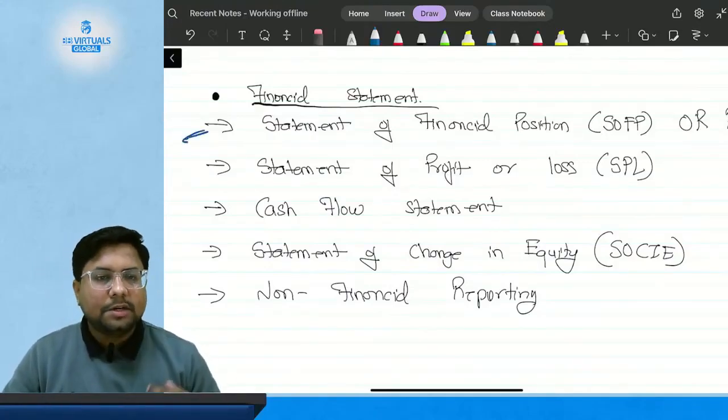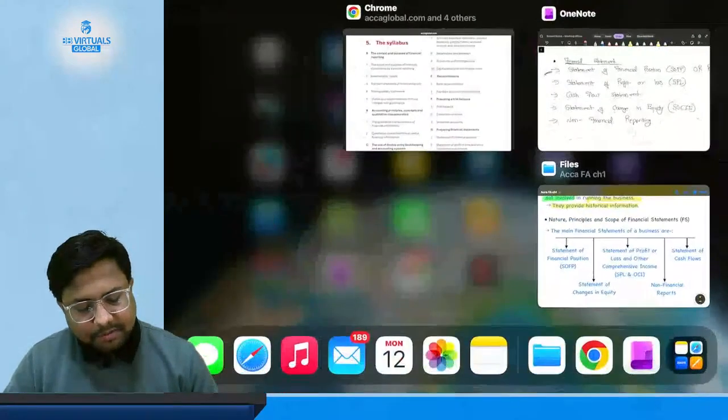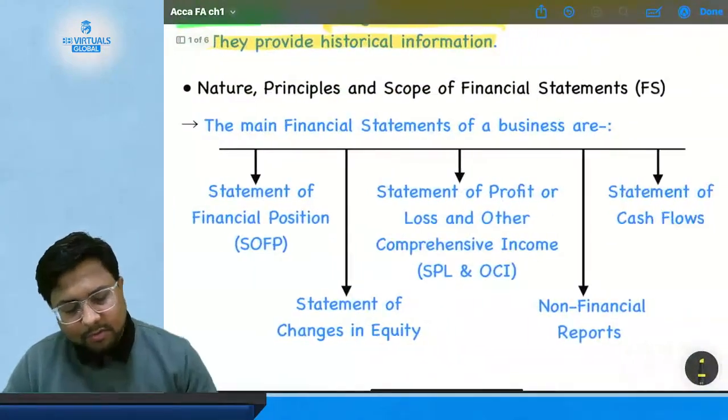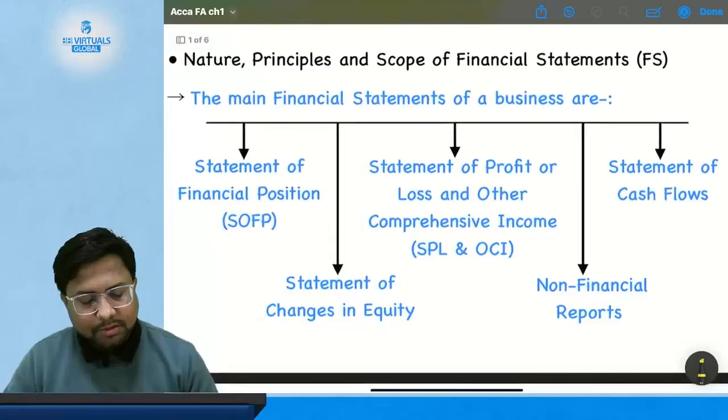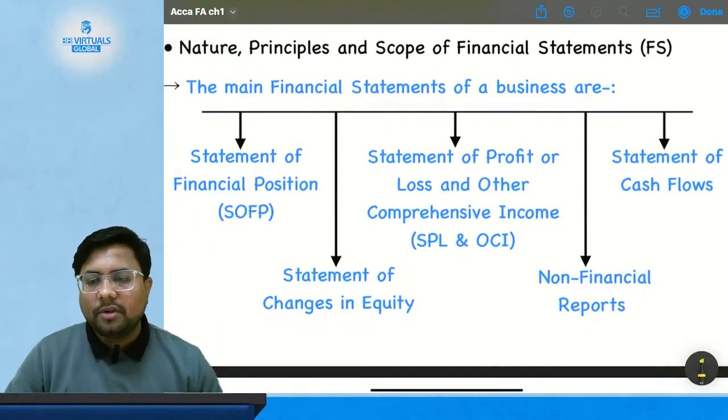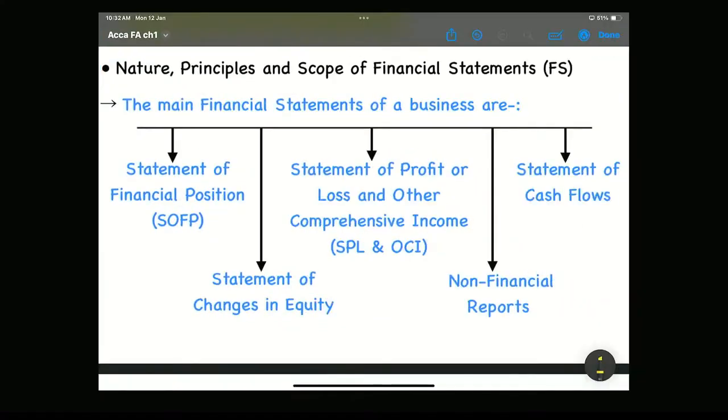Before we start, let's look at the chart of financial statements. So this is the chart of financial statements, which has the statement of financial position, the statement of profit or loss, and other comprehensive income. I will make you understand what other comprehensive income is in the final accounts also, and in this chapter, just 2-3 lines about this.